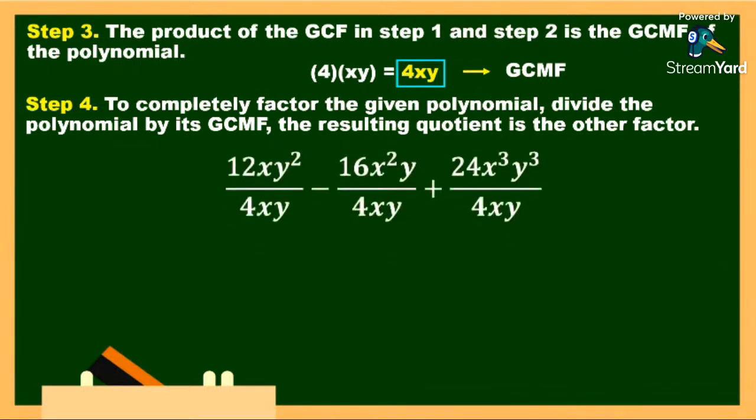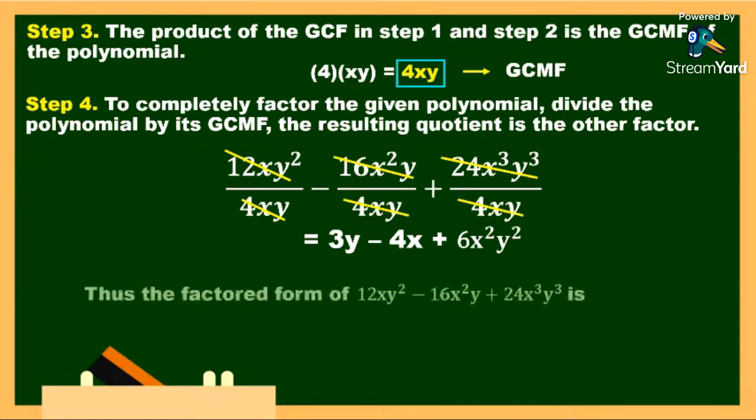So, 12xy squared minus 16x squared y plus 24x cubed y cubed divided by 4xy. The answer is 3y minus 4x plus 6x squared y squared. And that is the other factor of the polynomial.